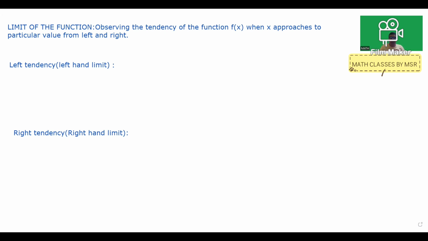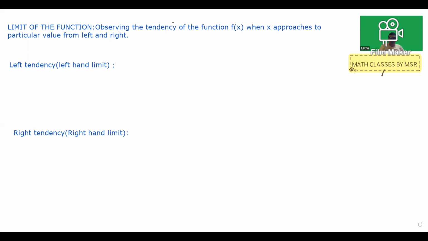So as we discussed earlier, both the functions we discussed, y equals x square and y equals x. In continuation, let us take one example now.